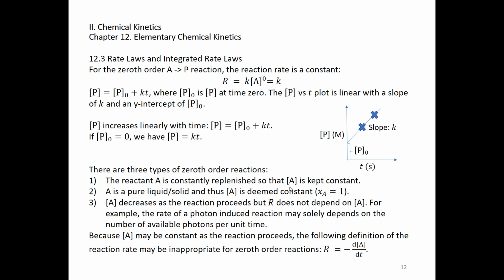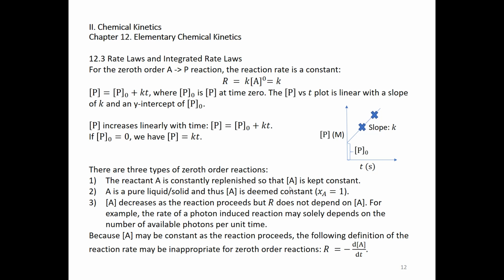So if you have, for example, a bunch of A but only 1 photon per hour, then the reaction rate is just 1 molecule of A converted per hour. It has nothing to do with the concentration of A anymore. It's limited by the number of photons provided to the system per unit time.